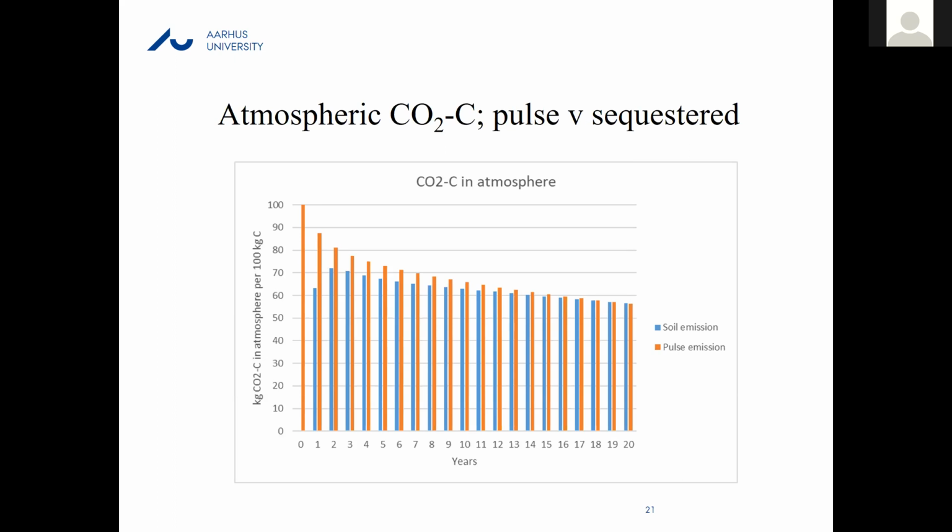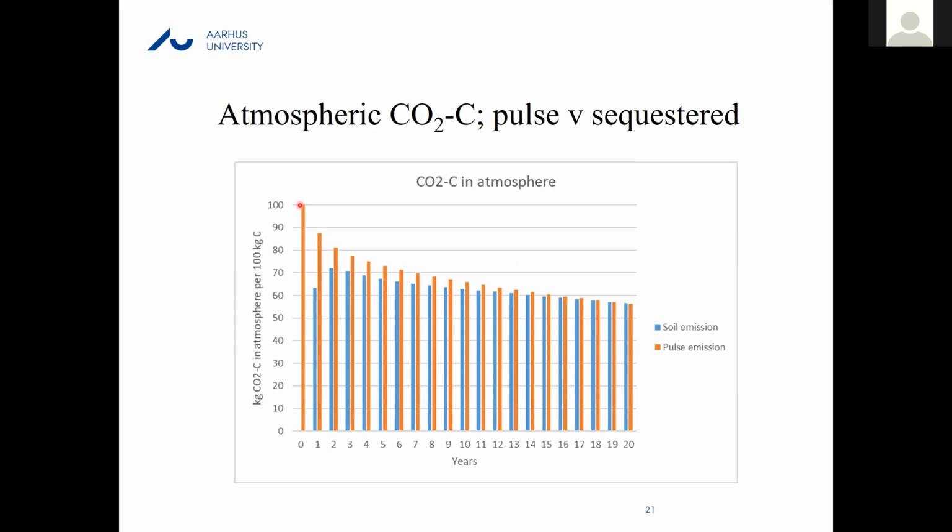To calculate the offsetting effect of carbon sequestration, we need to calculate the difference between the amount of CO2 in the atmosphere following a pulse emission, shown here in orange, and the amount following the sequestering of carbon in the soil, shown here in blue.